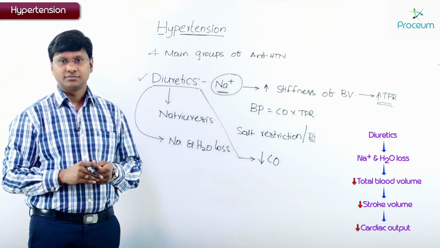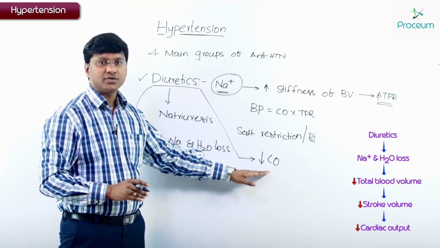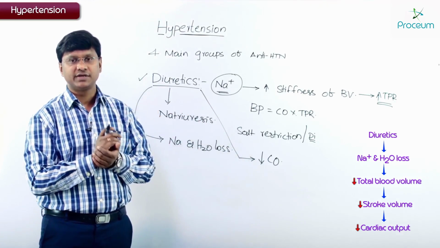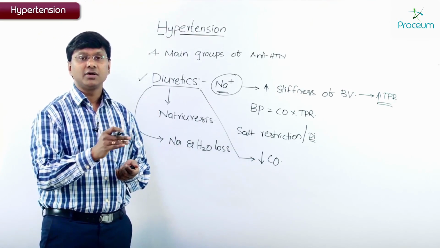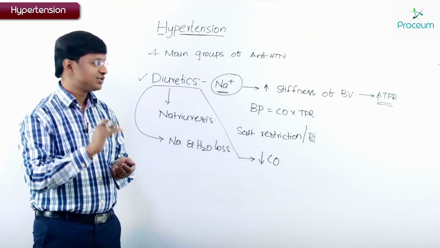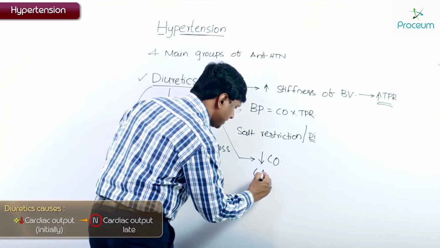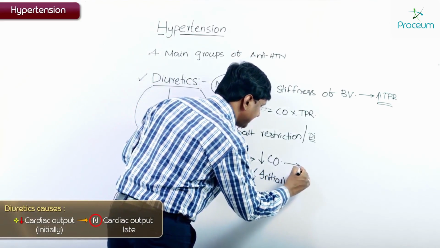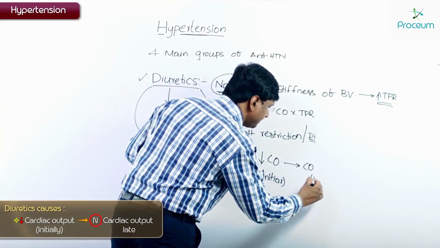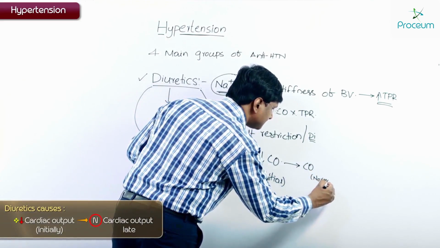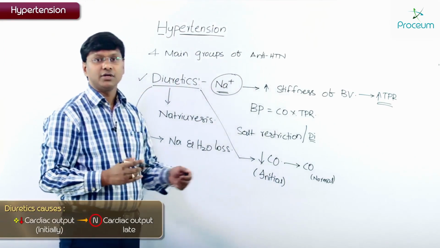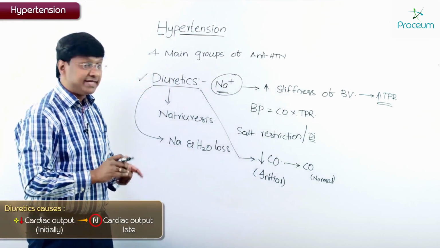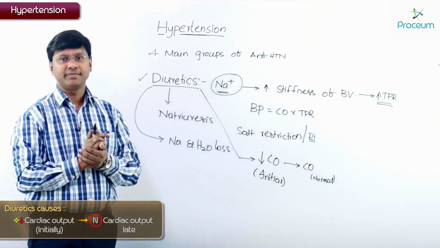But the decrease in cardiac output by diuretics is only in the early stages. Later on, the cardiac output returns to normal, but there is a net sodium deficit.